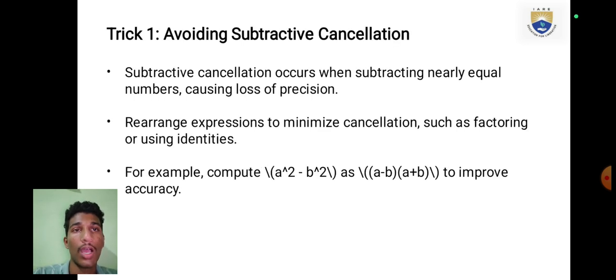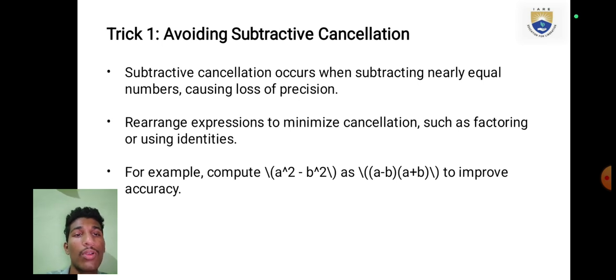Trick 1. Avoiding subtractive cancellation. Subtractive cancellation occurs when subtracting nearly equal numbers, causing loss of precision. Rearranging expressions to minimize such calculations, such as factoring or using identities.